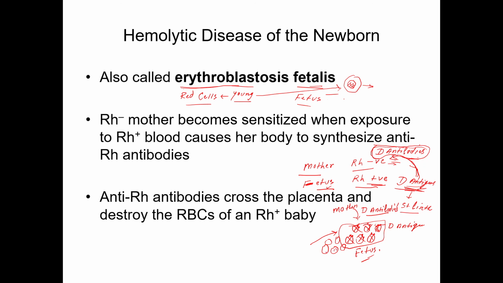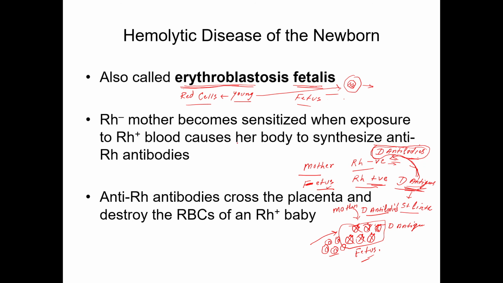So these immature red blood cells cannot carry oxygen, as I mentioned before, because hemoglobin is not yet inside these immature red blood cells. So that's why this clinical condition is called erythroblastosis fetalis, immature red blood cells in the fetus, and those are incapable of carrying oxygen. So those are not really functional red blood cells.